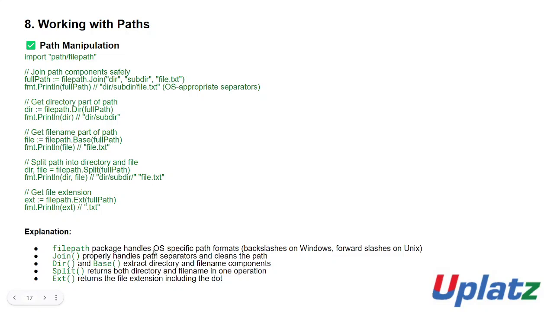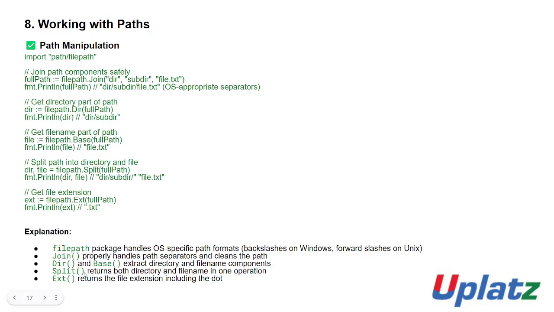The filepath package handles OS specific path formats, backslashes on Windows and forward slashes on Unix, that is Linux or macOS. Join properly handles path separators and cleans the path. Dir and Base functions extract directory and file name components.